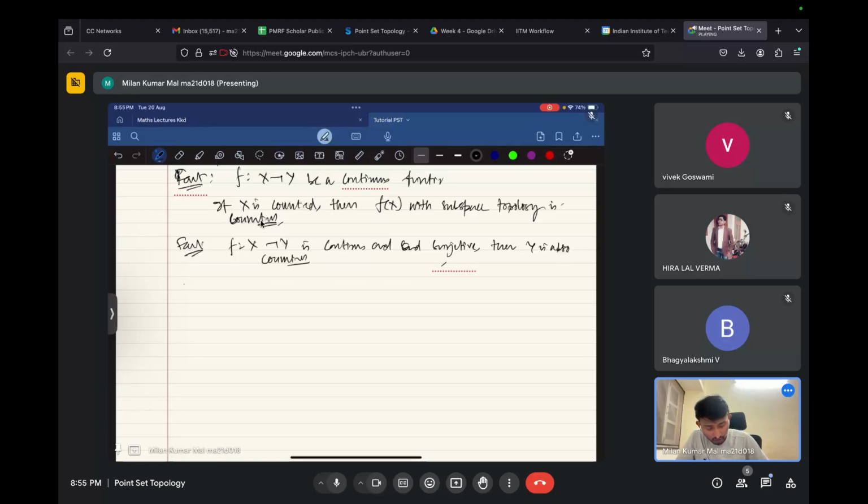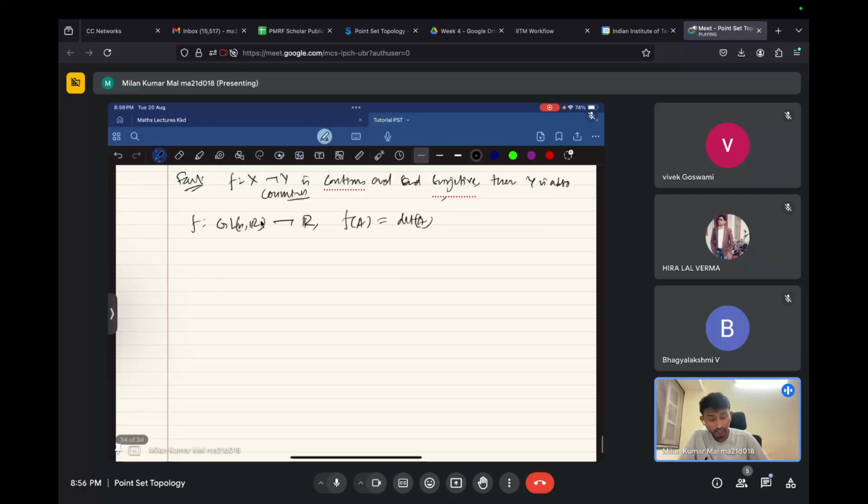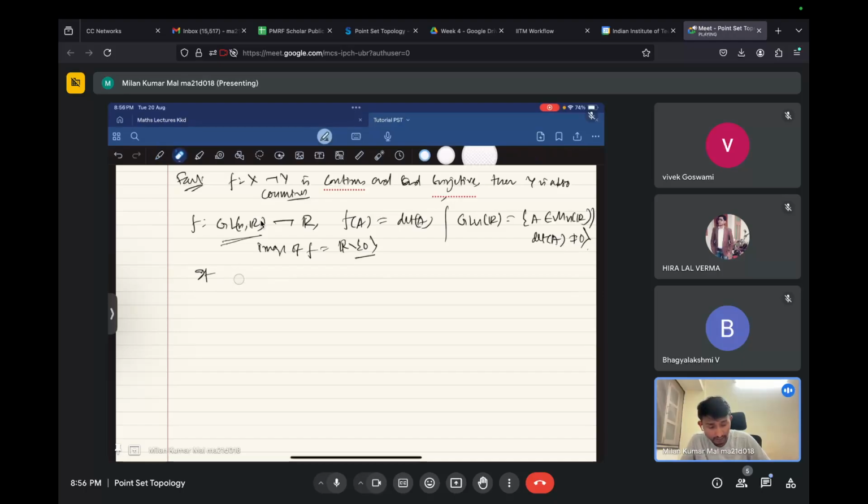Now let f be a map from GLNR to the real numbers, f of A equals the determinant of A. Then you can see that the image of f is all real numbers minus 0, because GLNR is all those elements A coming from MNR such that the determinant of A is non-zero.